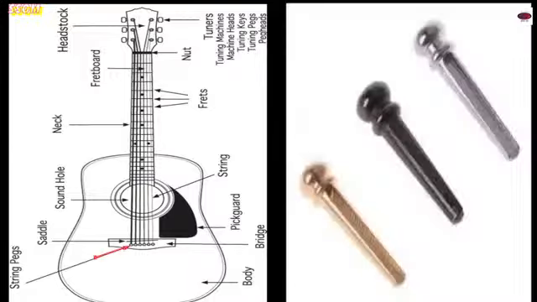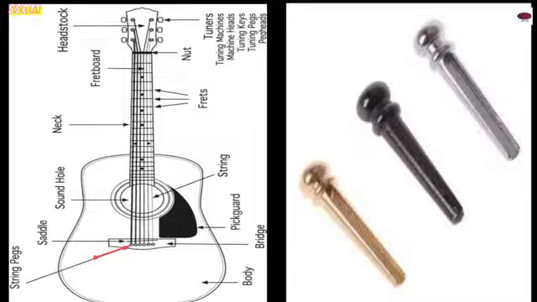The next is string pegs. String pegs hold your strings in place in the body of your guitar. String pegs are also called bridge pins. String pegs are similar to your tuning keys. Be careful replacing the string pegs.